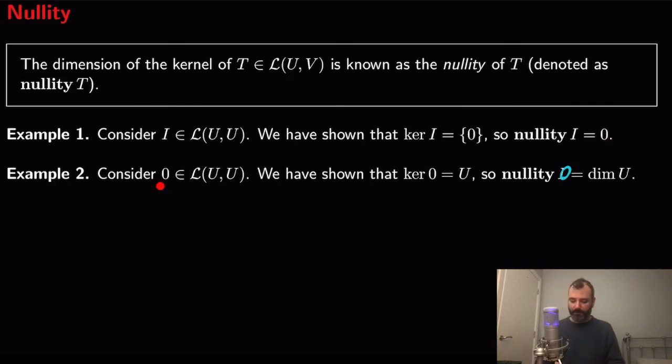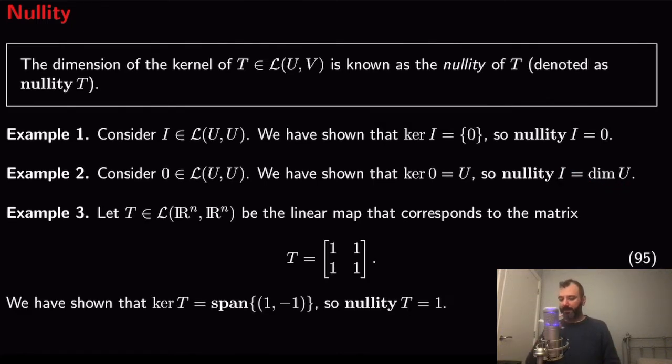Another example. Take the 0 map. It maps everything to 0. It is a map from U to U. We have shown that the kernel of 0 is equal to U. It has a very big kernel. The whole U is the kernel. So what is the nullity of 0? The dimension of U, whatever this is.